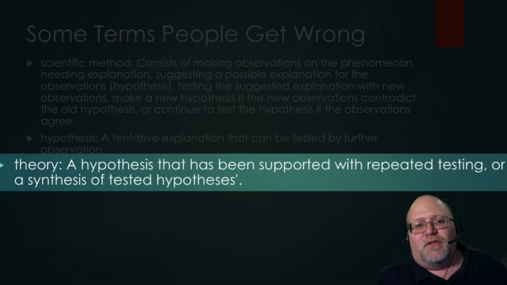For example, the theory of evolution, or the theory of the Big Bang, or the theory of subatomic particles, quantum mechanics, and things like that. These are things that may not be perfectly correct, but through experimentation, they have always been shown to be correct, and you synthesize all of those concepts that have been proven correct over and over again, and then you have a theory.